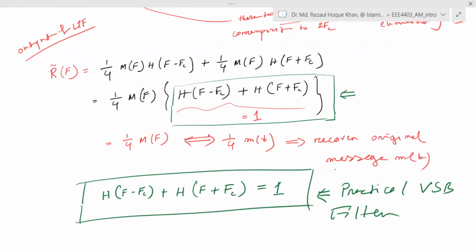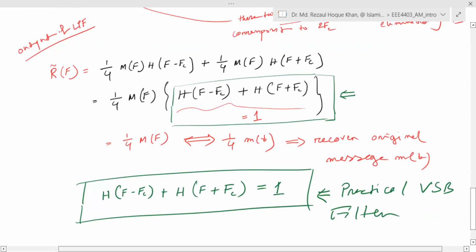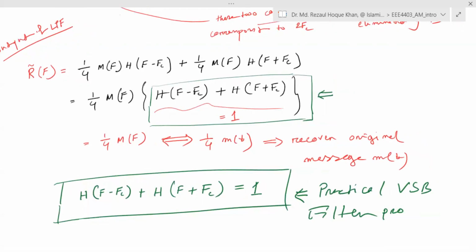So this is actually the required properties. Our VSB filter should satisfy these properties. Okay.